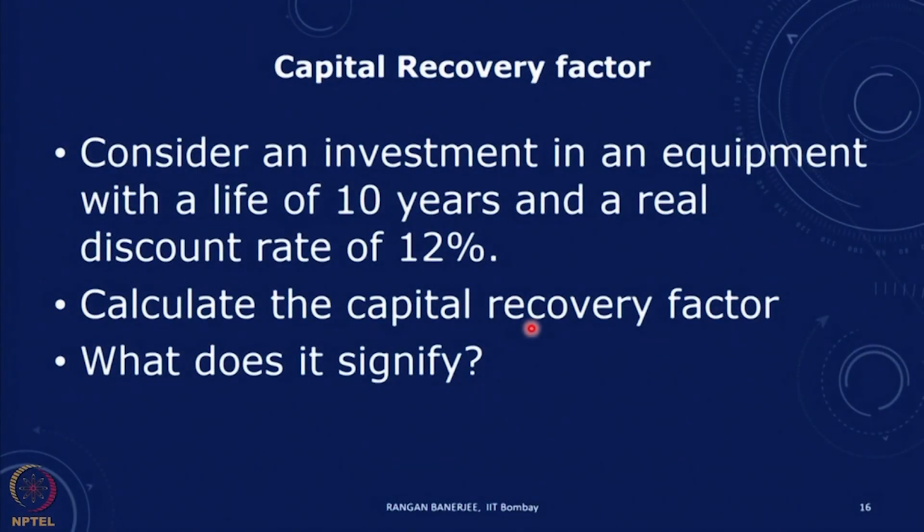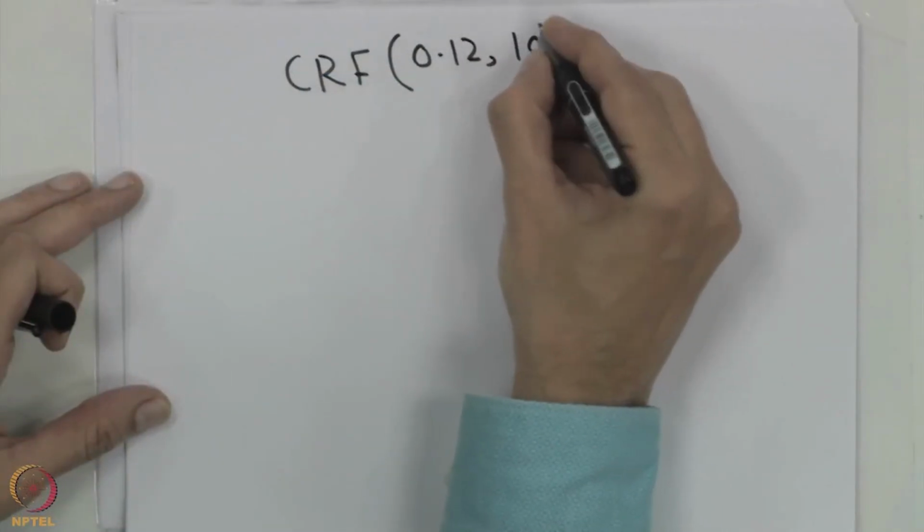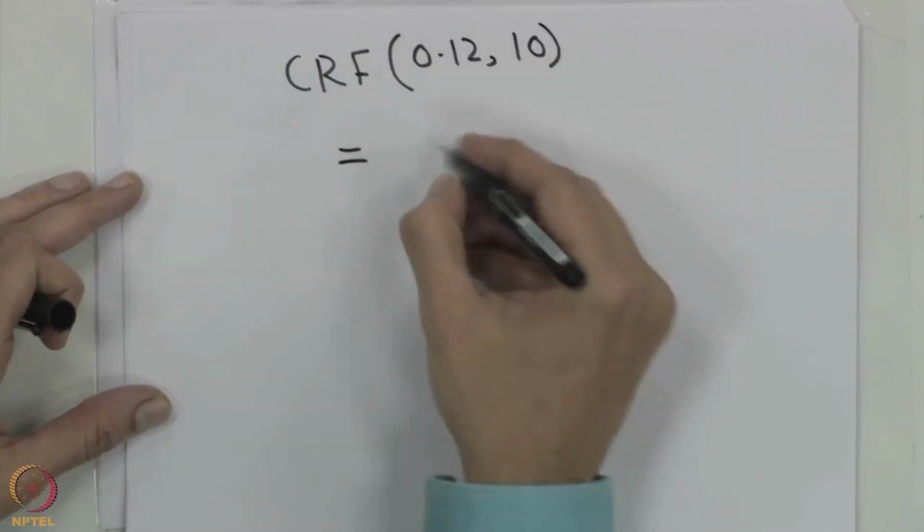So, consider an investment in an equipment with a life of 10 years and a real discount rate of 12%. So, we are talking of CRF(0.12, 10). We just substitute this.